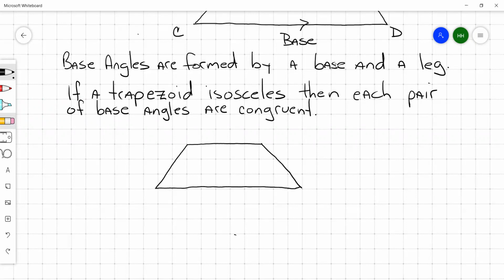If this top is parallel to the bottom, then it's a trapezoid. Now, if it's an isosceles trapezoid, then these two legs are congruent to each other. And then this angle down here on the bottom left is congruent to the angle on the bottom right. And the angle top left is congruent to the angle top right. That's an isosceles trapezoid.